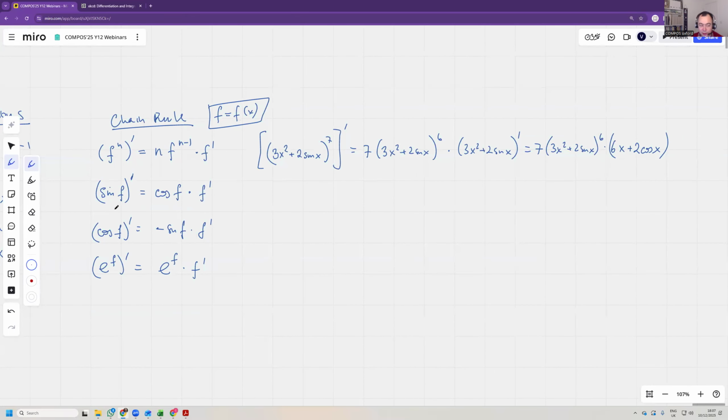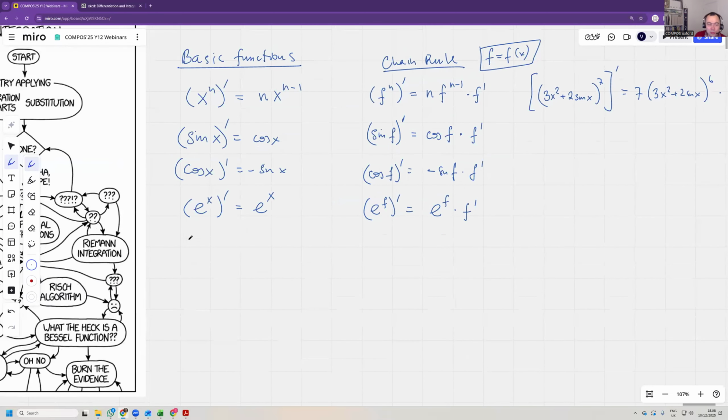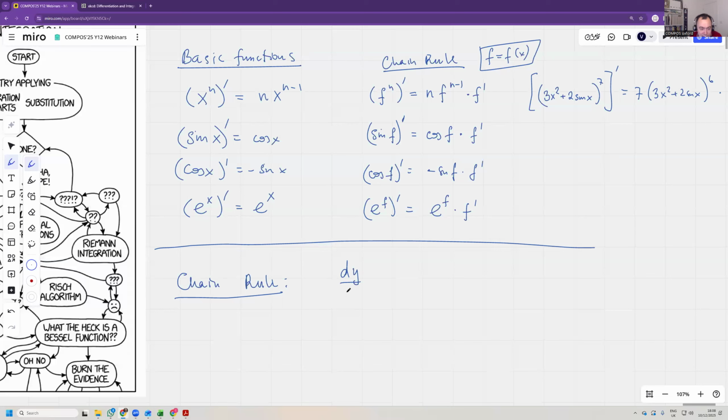So it's a very useful thing to remember. Of course, the reason why I'm writing it in this way is because there's honestly no easy way of writing the chain rule that makes sense to a person who is not familiar with the chain rule already. The chain rule is usually written as dy dx is dy du multiplied by du dx.